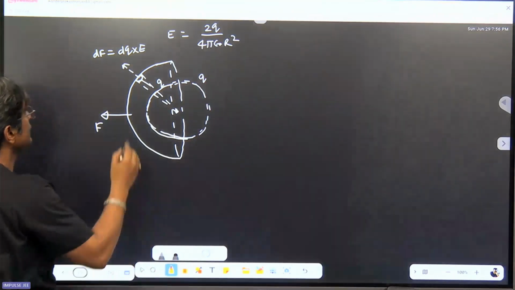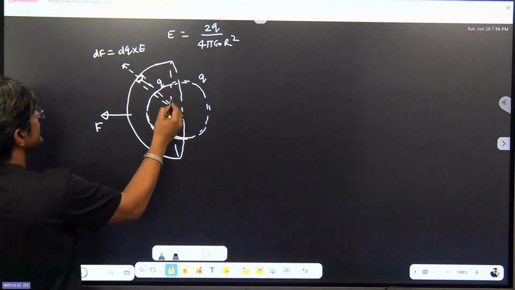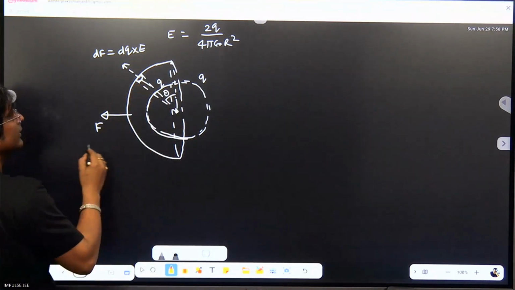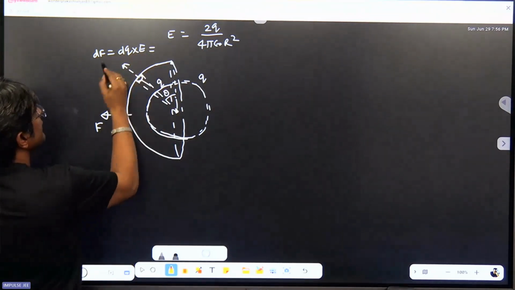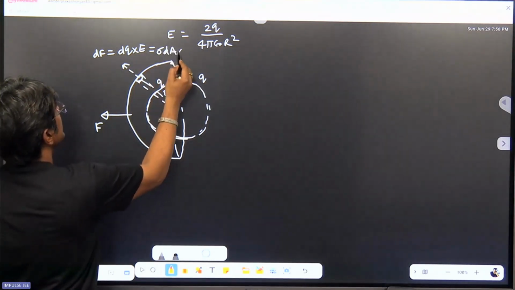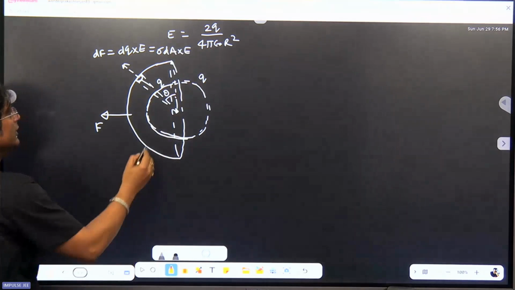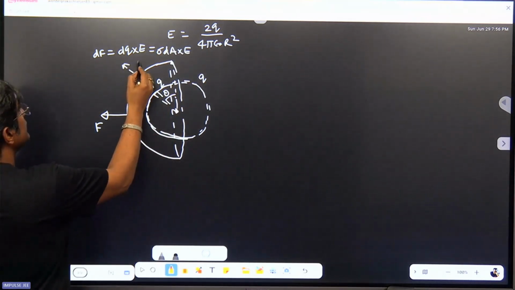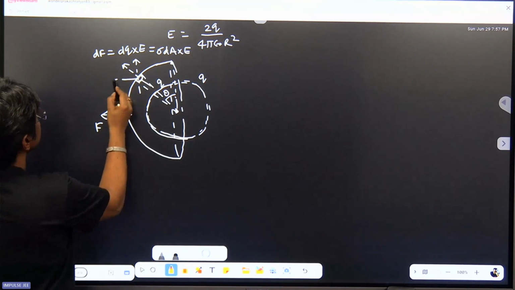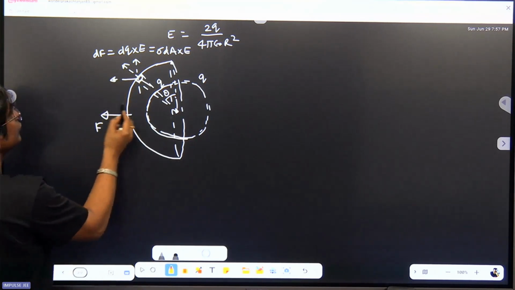If we assume this angle is theta from the vertical, then dq is sigma dA, times E. We take the component of this force, since the net force will be in this direction only.